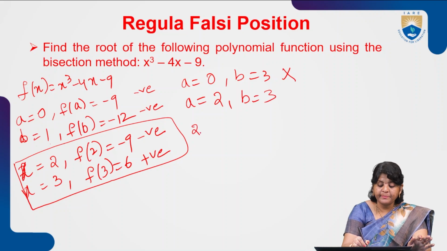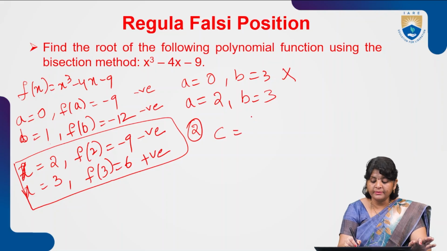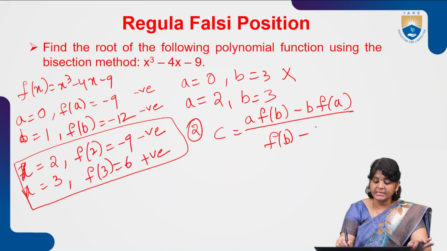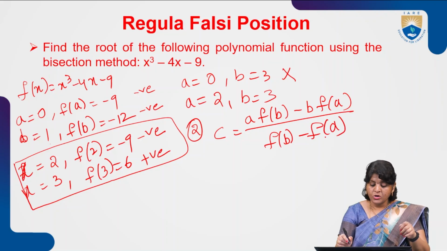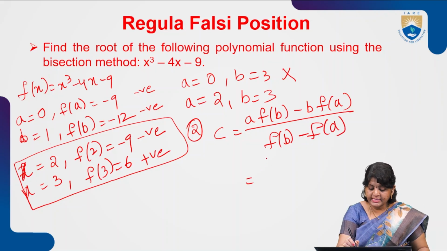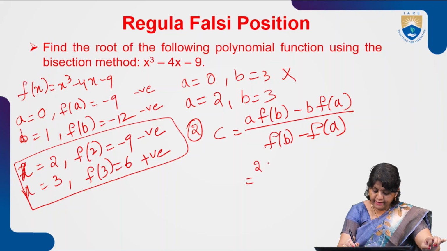And what is the second step? Finding out the c value by using the formula a into f of b minus b into f of a by f of b minus f of a. So what is it? a is how much? 2. F of b is how much? 6.